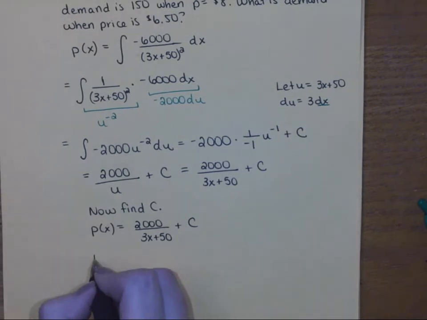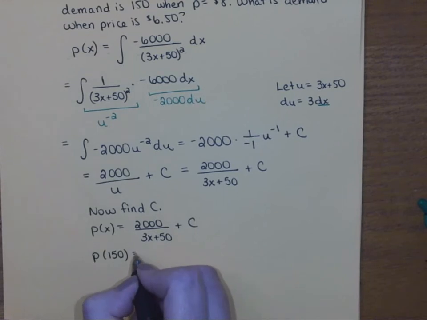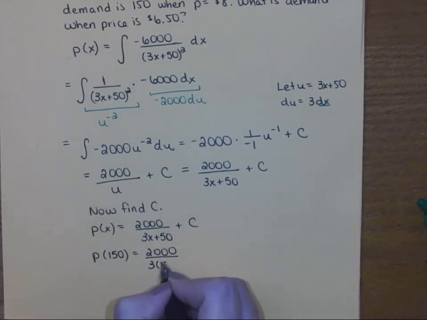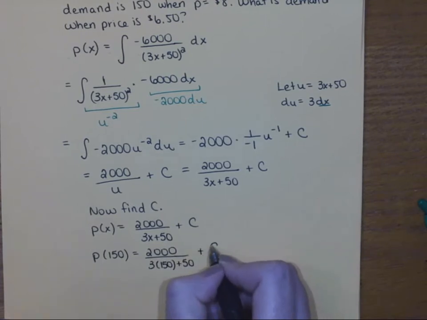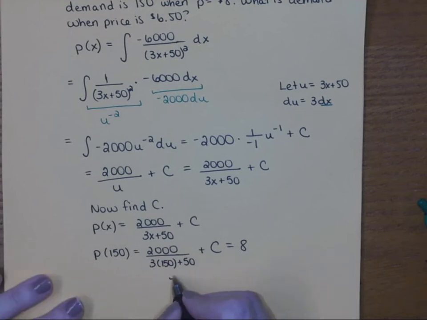Okay, but if you read the problem, we do know that when we demand 150 items, that the cost is specifically $8. So when we plug in 150 in for x, and we add this unknown constant, we're supposed to get 8. So just let your calculator do all of this. Okay, it comes out to be something pretty nice. It's 4.